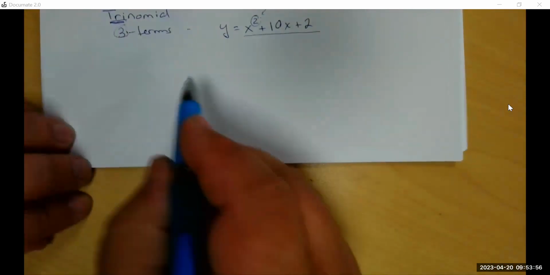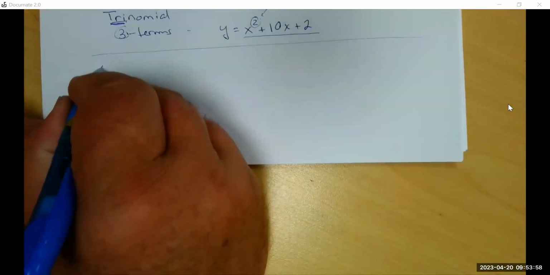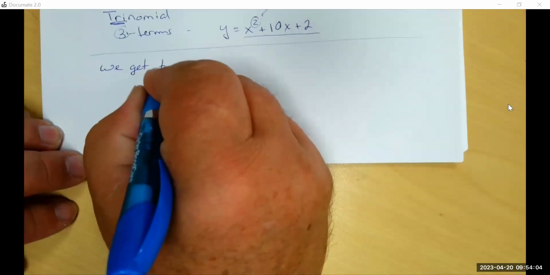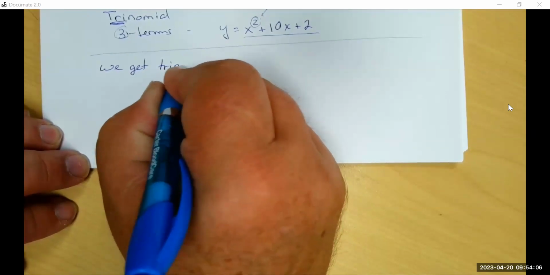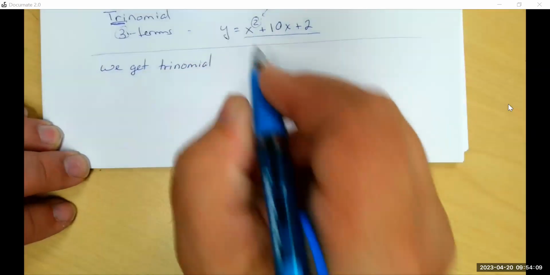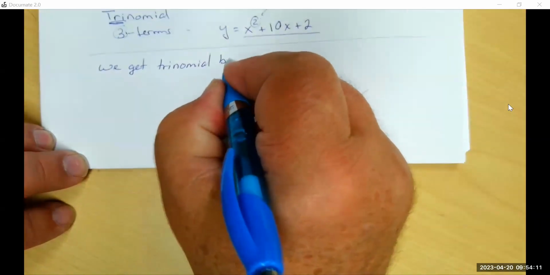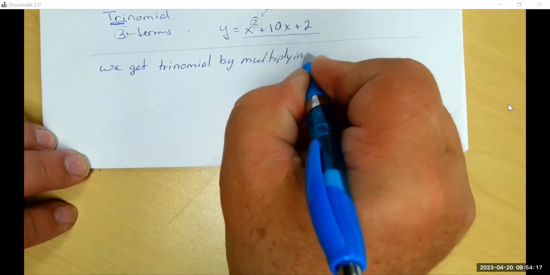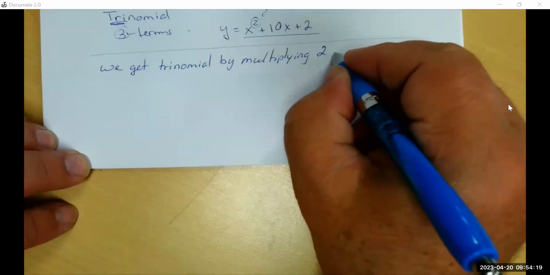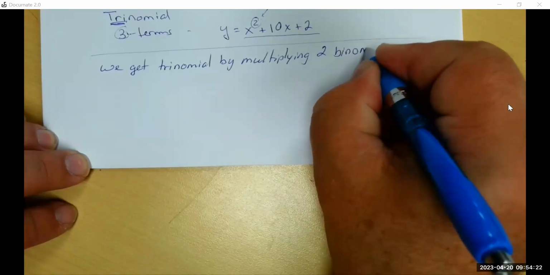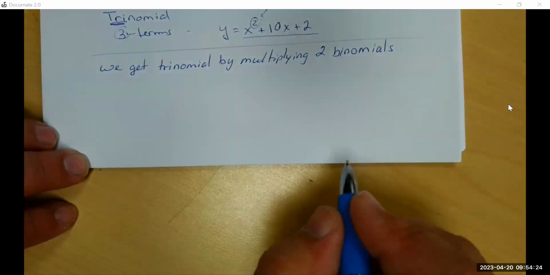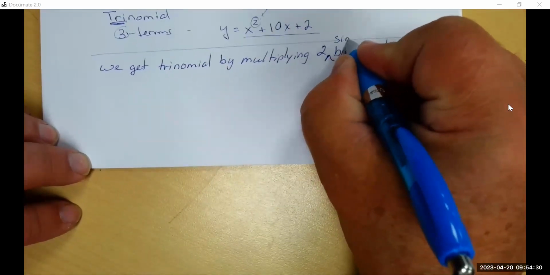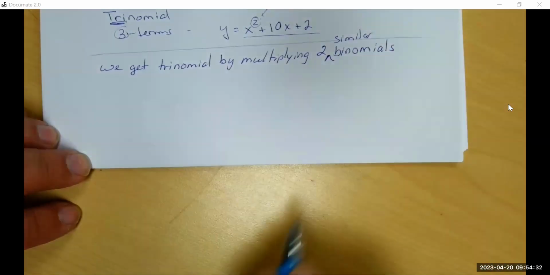So let's take it. We get trinomials by multiplying 2 similar binomials.